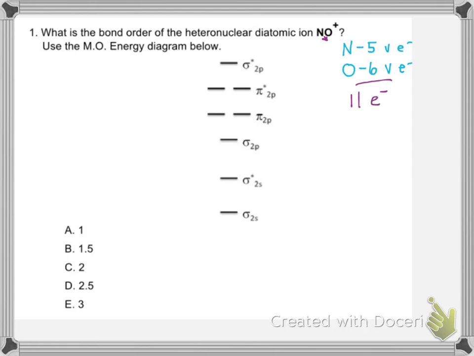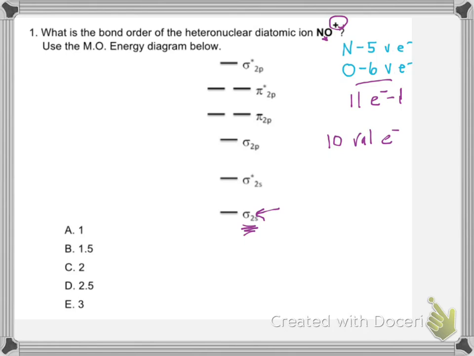Okay, but wait a minute, this is NO+, which means we need to take that number and subtract 1 from it, because our molecule has a positive charge, which means we're going to have a total of 10 valence electrons. Once we count the valence electrons, it's just a matter of filling them in from the lowest energy valence orbital. So here we can see we're starting with sigma 2s.